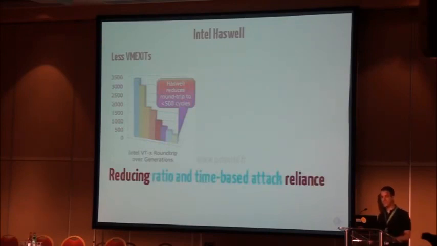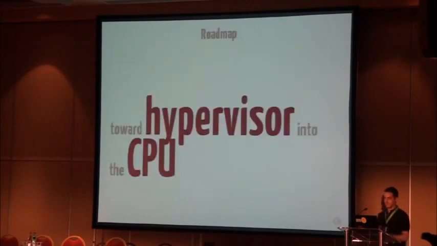So, what is coming next? We are going toward CPUs containing the hypervisor. In fact, we had software virtualization with VMware Player and QEMU. Then we had para-virtualization to virtualize non-virtualizable instructions.